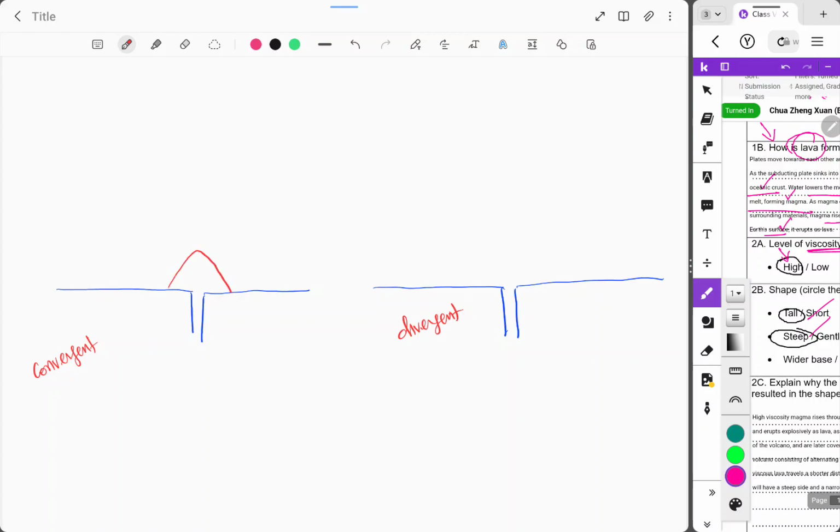So the first one is the lava that comes up. Imagine it's the same volume of lava. Because here in convergent it is more viscous, it will travel shorter distances from the vent, from the hole of the volcano, before it starts to solidify.